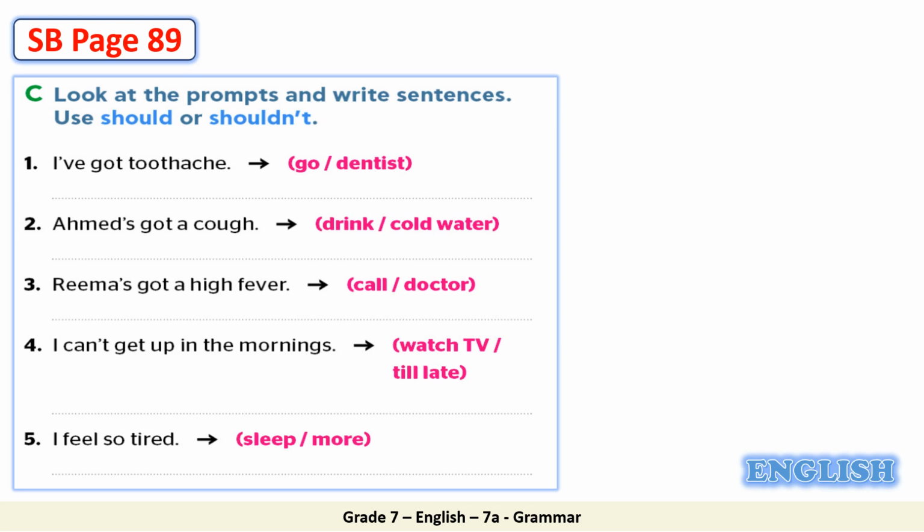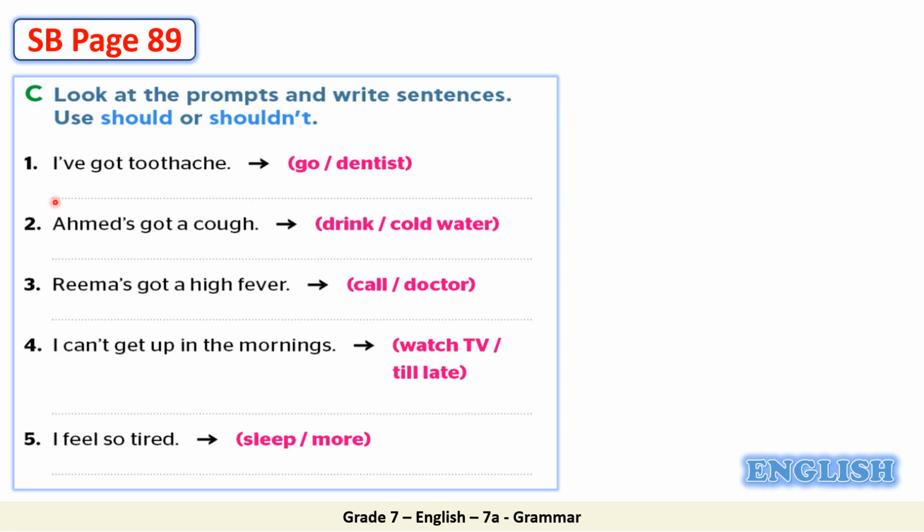Let's together work out task C in your student's book, page 89. Read the given instructions. C. Look at the prompts and write sentences. Use should or shouldn't. Here you have 5 given sentences. And here you have given prompts for each sentence.